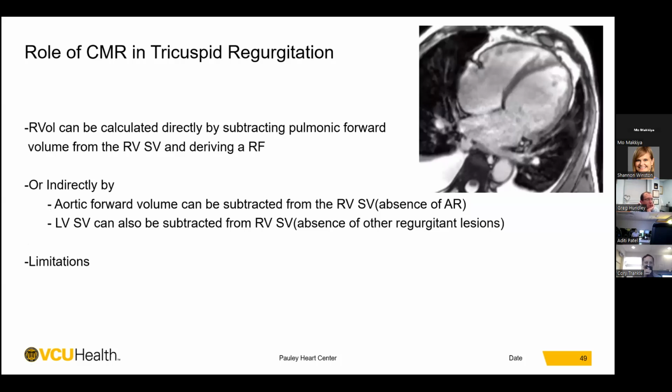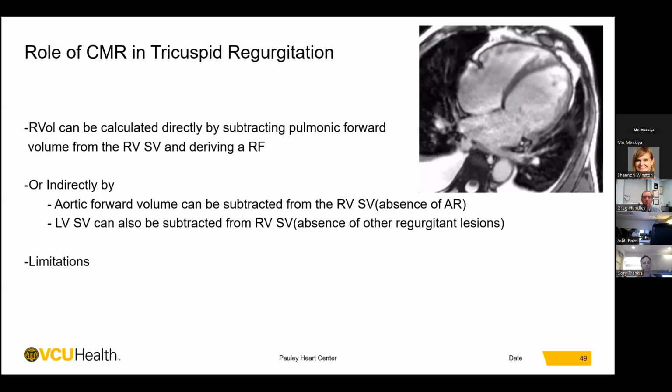So, the role of MRI in tricuspid regurgitation. Tricuspid regurgitation by MRI is secondary to echo and is less established compared to other regurgitant valvular lesions. Right ventricular regurgitation, how do we quantify that? Right ventricular volume can be calculated directly from our SSFP cine images, and we can subtract the pulmonic forward flow from that, so we can derive a regurgitant volume and regurgitant fraction.